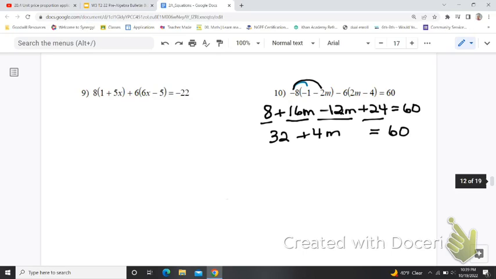Now that I've made it nice and simple, it's just a two-step equation. So we'll undo the addition by subtracting 32. And then we'll divide by 4.